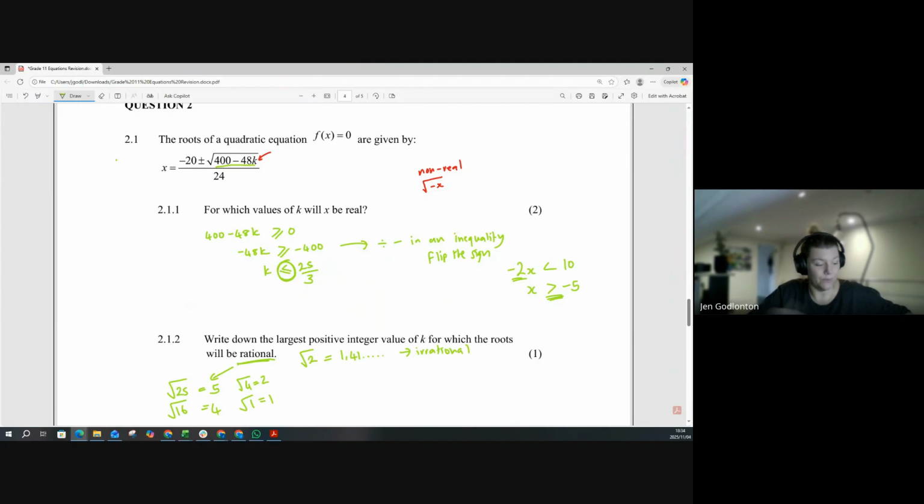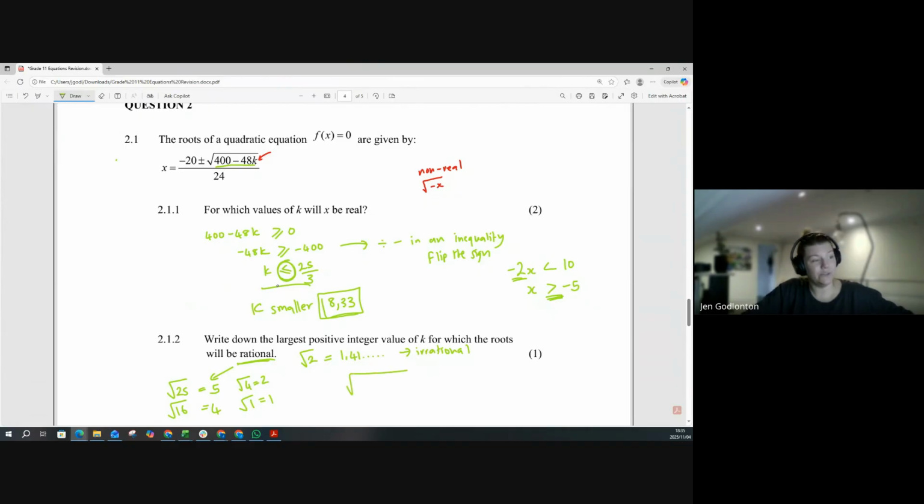Okay, cool. We already know some things. So we know that k has to be smaller than 8.33. That is our clue. So the absolute biggest whole number that k could be is 8. So let's try and see what happens when we use 8.